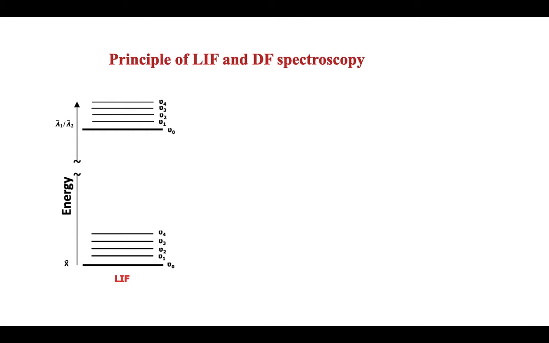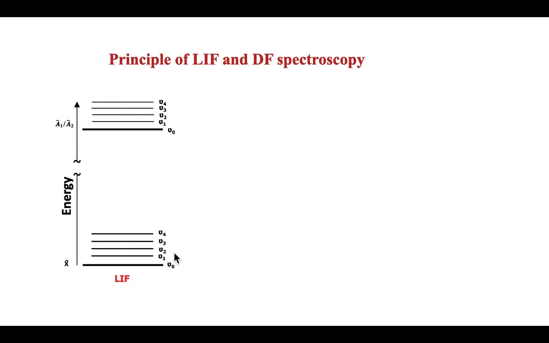Let's talk about the principle of laser-induced fluorescence and dispersed fluorescence spectroscopy. In our lab, LIF or DF spectroscopy has been implemented to determine and understand the structure, dynamics, and bonding of free radicals. In general, fluorescence spectroscopy is used to study the electronic and vibrational states.